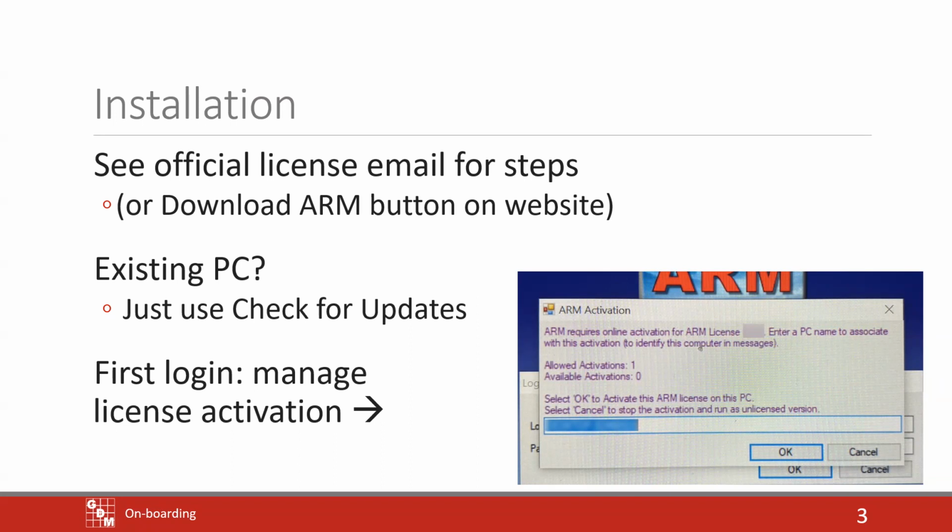Just send us an email in our support box if there's no hope of finding the old computer, or it's been reformatted and long gone. We can unlink that license from the old computer, so that on this new one you'll be able to get into ARM. Just send us a note, include your license serial number, and we can take care of that, so you can get into ARM and get started with it.